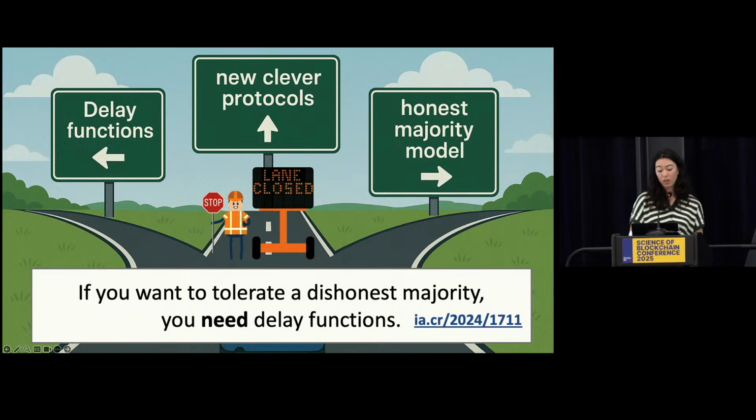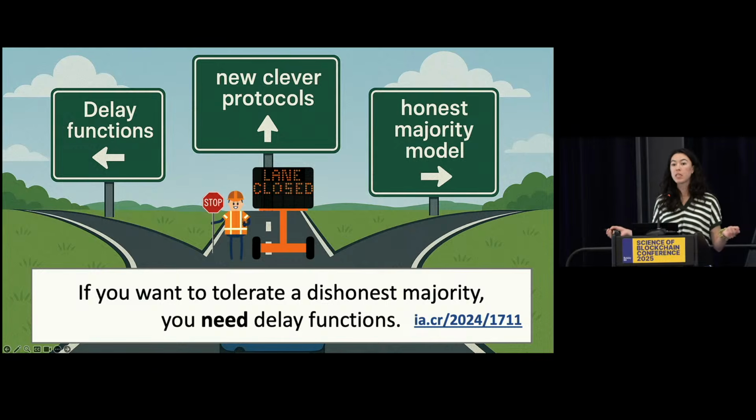And if you want to tolerate a dishonest majority, you really need delay functions. So we don't make a recommendation about which of these two remaining paths you take, but we help to characterize the landscape of what's possible.